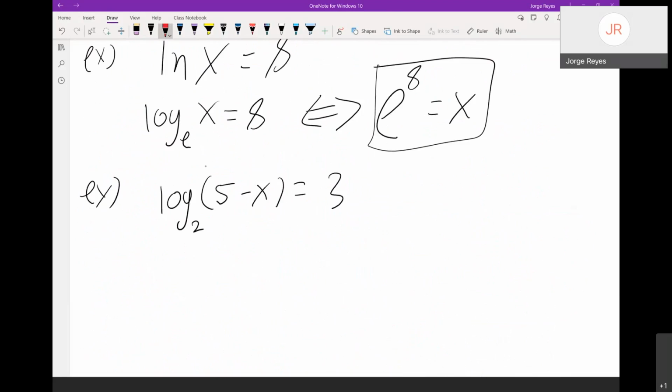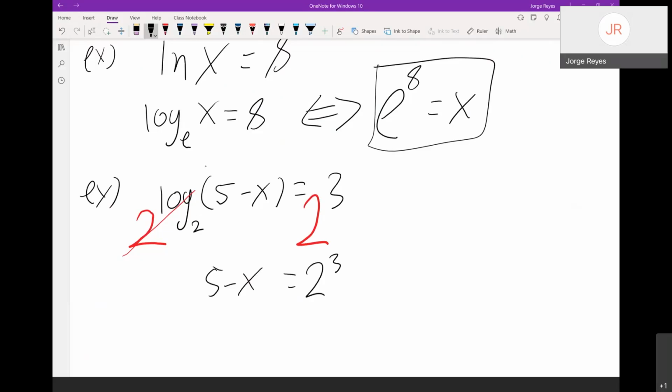What I mean by that is I'm going to raise everything to the power 2. It's technically called exponentiating both sides. The reason I do this is because inverse functions work both ways. So that cancels, and I actually just get 5 minus x here. And then here I just get 2 to the power 3.